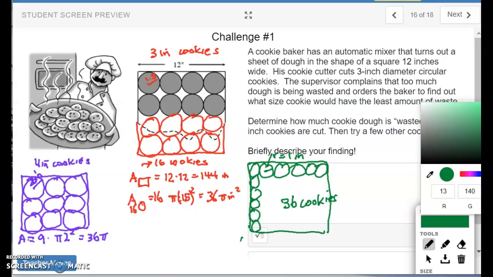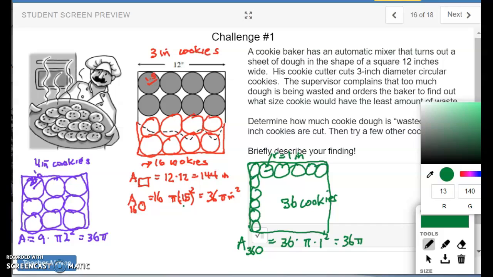So let's talk about the area of 36 of these little cookies. That's going to be 36 times pi times r, where the radius is 1 squared, which is 1, times 36 is 36 pi.